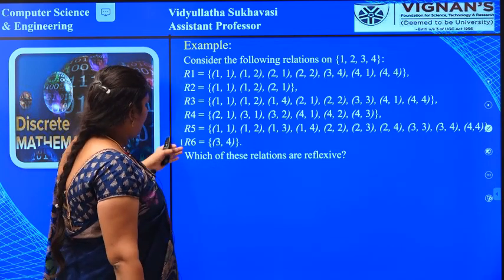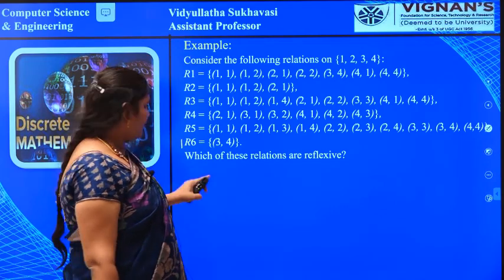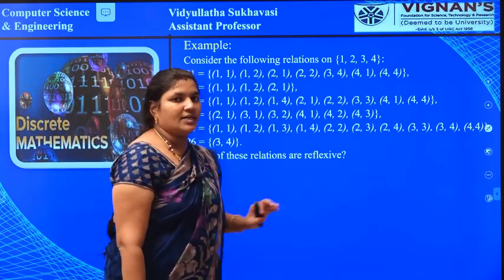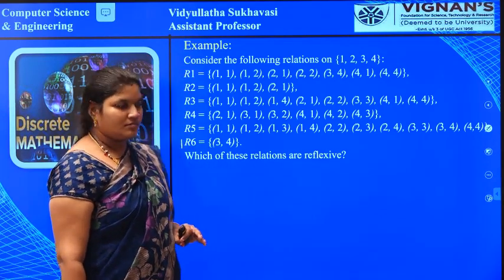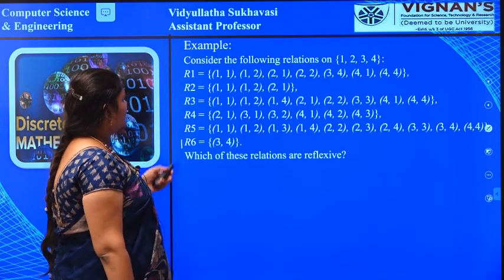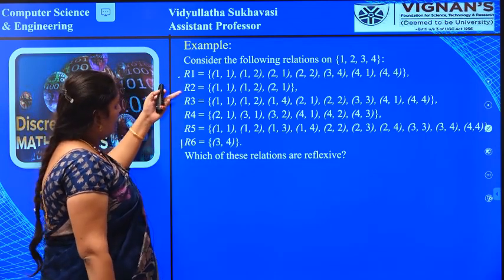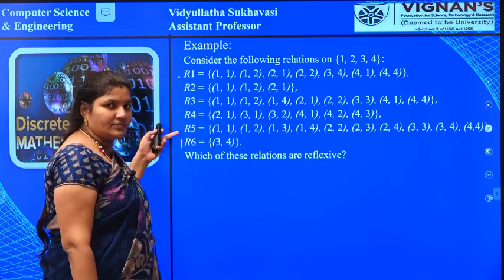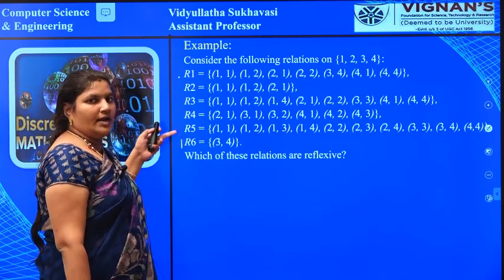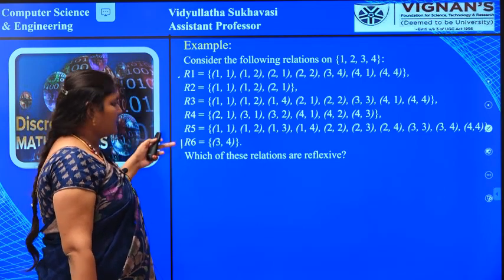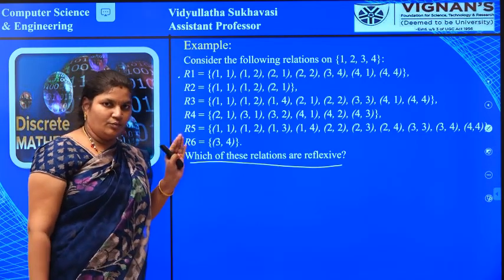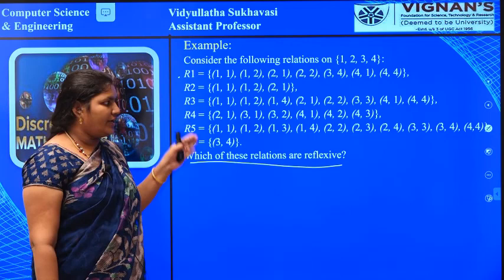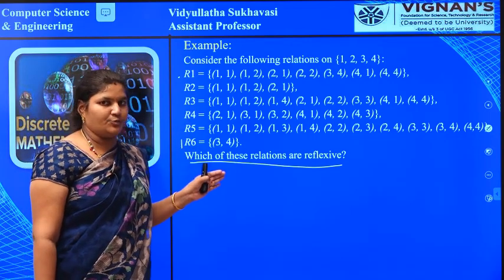For these relations, we need to check whether the relations are reflexive or not. Here R1, R2, R3, R4, R5 and R6 are the 6 relations given in the problem. From these 6 relations, we need to find which are satisfying the reflexive property.